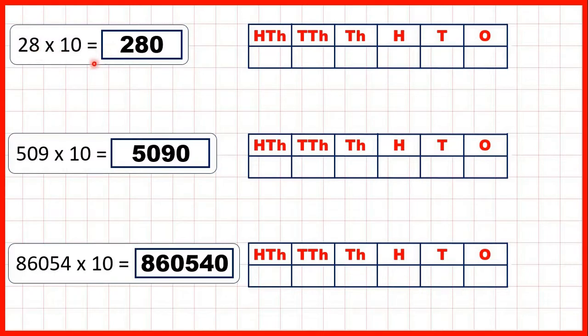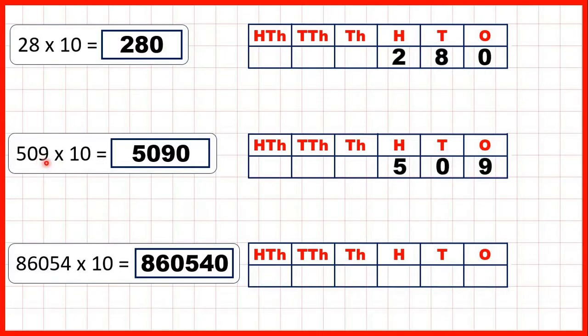So for this first question, we started with 28. To multiply by 10, we can move the digits one square across, or one place value across, but now we have an empty ones column, and to make it clear that the 2 is now in our hundreds, and the 8 now in our tens, we need to write a 0 in our ones to give us our answer 280.